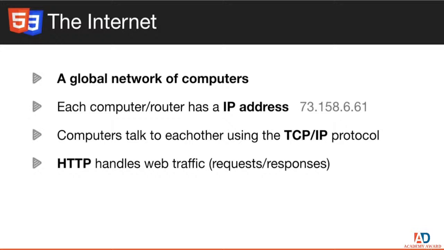But basically, HTTP is what's called an application layer protocol, and it actually runs over TCP, and it's responsible for handling web traffic between a browser like Google Chrome or Firefox and a web server that stores a website, and we'll talk more about that in the next slide. So HTTP is one of many types of application layer protocols. You also have, for instance, SMTP, which deals with email. You have FTP and SSH.